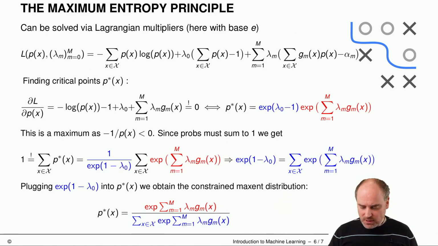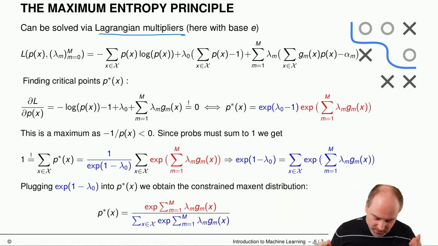Now it turns out that there's actually a nice way of solving this. We can solve this via Lagrange multipliers, which shouldn't be super surprising because we are given this bunch of constraints and this objective function to maximize the entropy. And here I will do this, for some arbitrary reason, with respect to base e in the logarithm and not log 2.